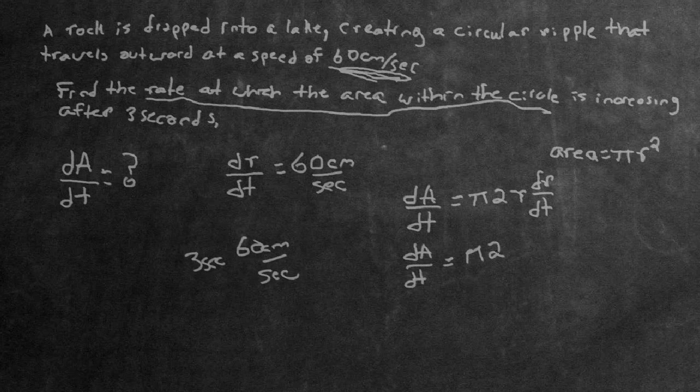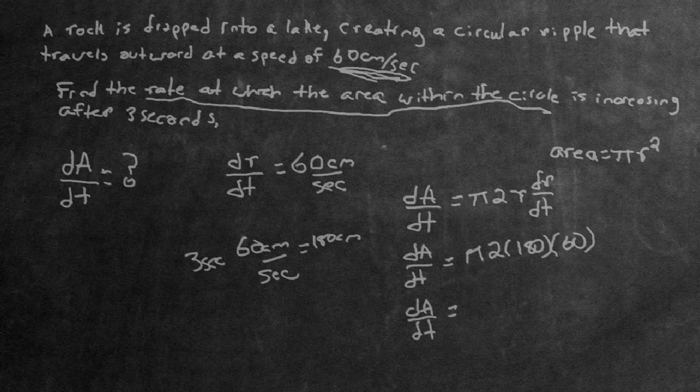So now that we know that, we can plug the 180 centimeters in as the value for r at that one instant at 3 seconds. So we plug in 180, and then we plug in the value for dr/dt, which we got as 60, and then we just solve this out to get our final answer.